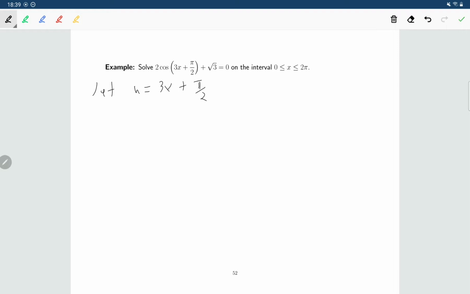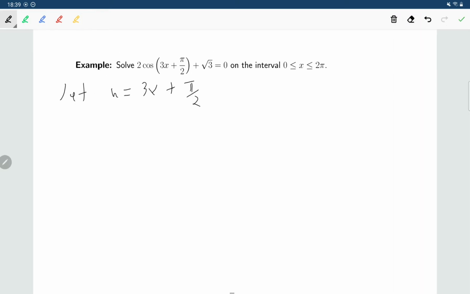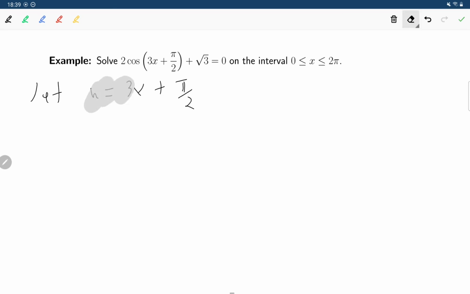And we are going to have to do the same sort of thing that we did before, which is to figure out what that would do to our interval of solutions.